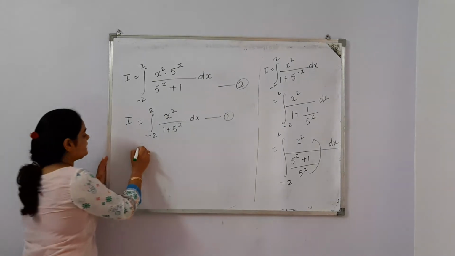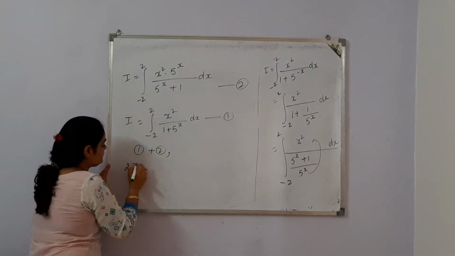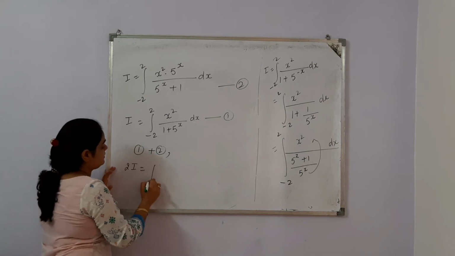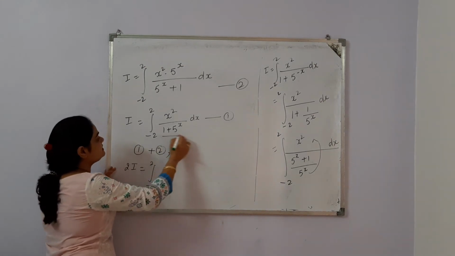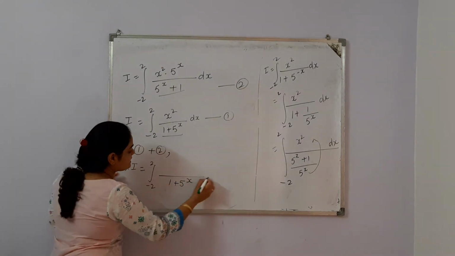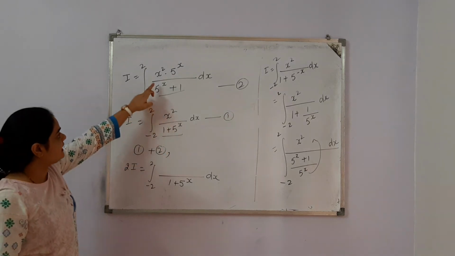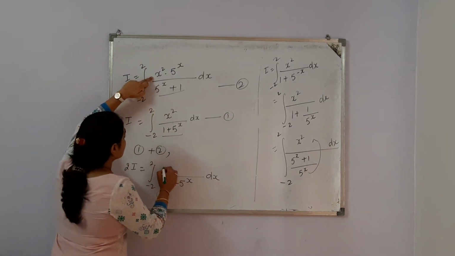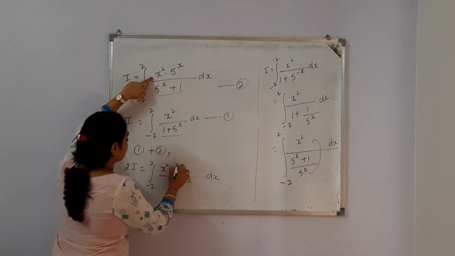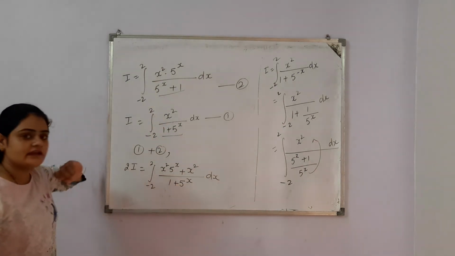Now we are going to add. I plus I is 2i, minus 2 to 2. But you are watching the denominator is same. I am taking LCM directly. So denominator is same, and in numerator what we will get x square into 5 raised to power x plus x square. This thing we are getting in numerator.